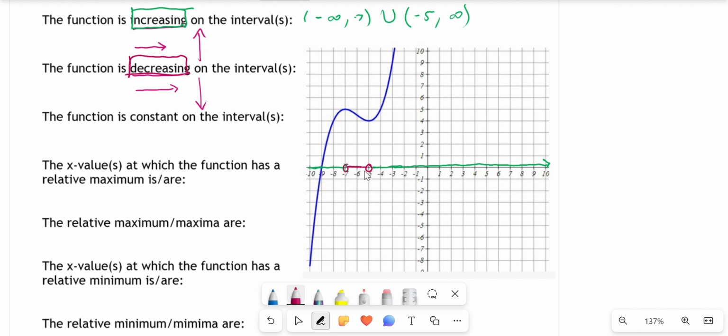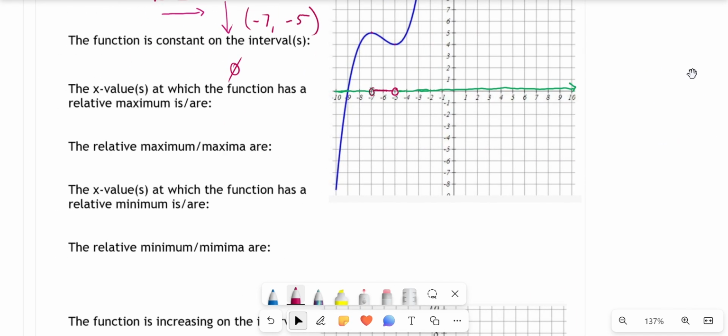So we would say it's from -7 up to -5, and non-inclusive on either one. We don't include the endpoints because it's neither increasing nor decreasing at these points. Where is it constant? It's not constant. This function is never constant. If it had a flat line component somewhere, that would be where it was constant. But this one isn't.